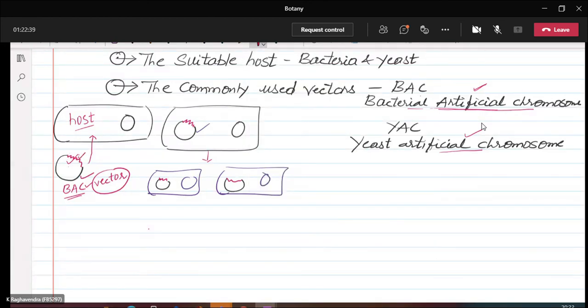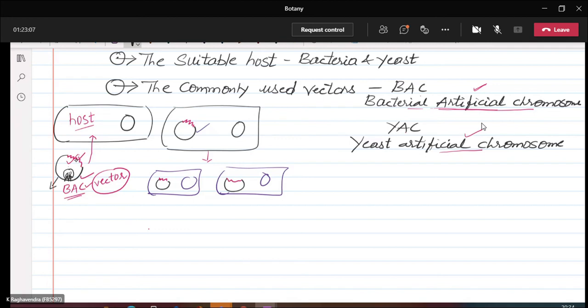See here, this red fragment of DNA may not have an origin of replication, but the one which I am using now, Geetika, this black one, must have an origin of replication, OR. This fragment I am adding to an artificial chromosome, and one origin of replication is sufficient. Yes, Geetika, am I right or wrong?